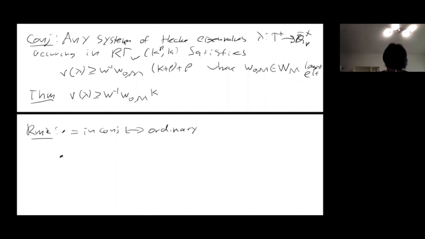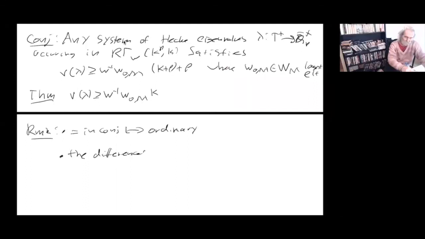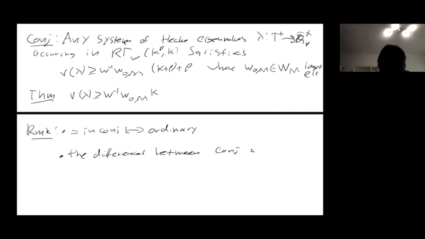The next remark is that the difference between the conjecture and the theorem is related to analyzing the trace of P1 part of the definition of the Hecke operator. And that's something that's a little bit tricky.